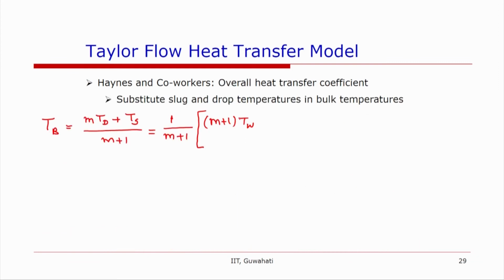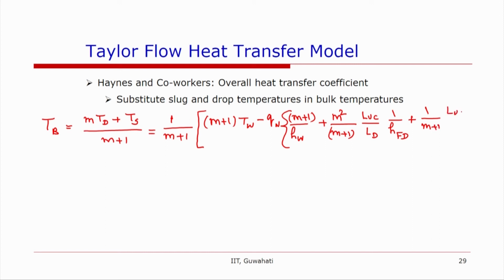Okay. So, this is M plus 1 TW minus QW into (M plus 1 over HW plus M square over M plus 1 LUC over LD 1 over HFD plus 1 over M plus 1 LUC over LS 1 over HFS), bracket closed.